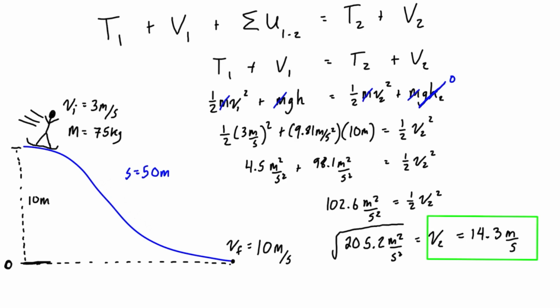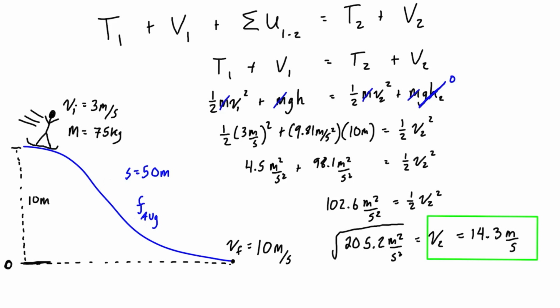Then we're going to be looking for the average friction force that would cause the final velocity in this case, given the height difference of 10 meters and the path traveled of 50 meters, so that we'll actually be getting this final velocity. To do that, we're going to have to use this first expression up here that includes the term for work. So let's get started then.